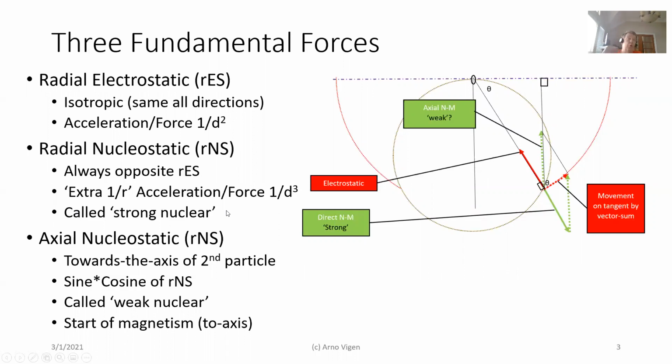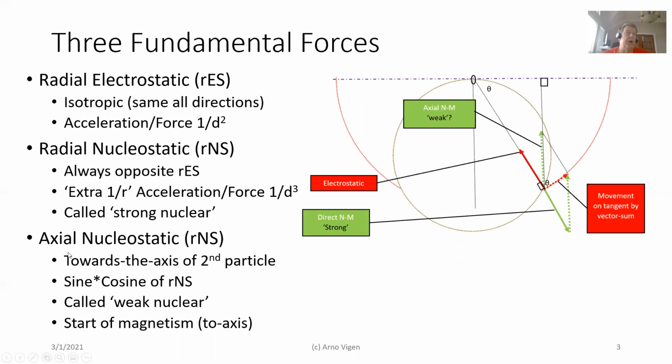Most people know the strong nuclear force as the opposite of electrostatic that keeps a nucleus in place. And that's for every neutron. If you put it between the protons, they will be separated enough but held together by this force, because a neutron has radial nucleostatic but not radial electrostatic.